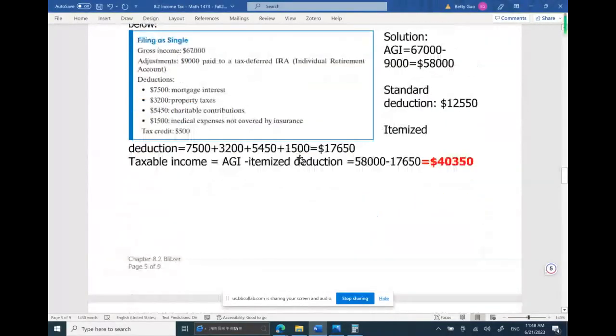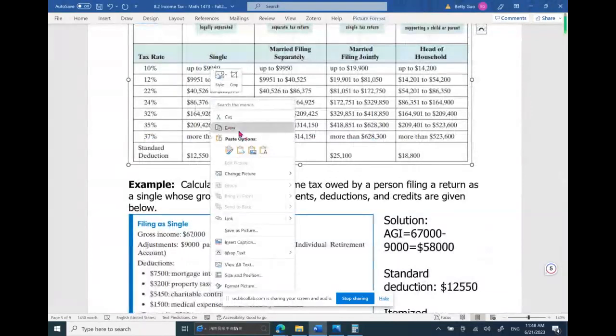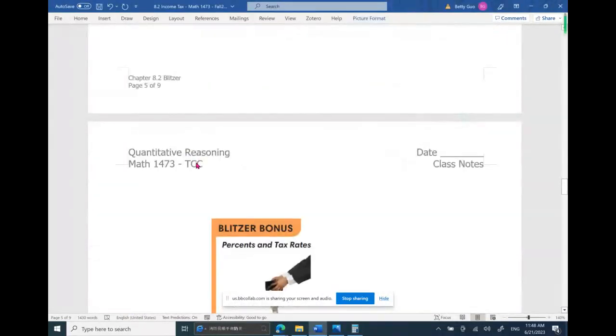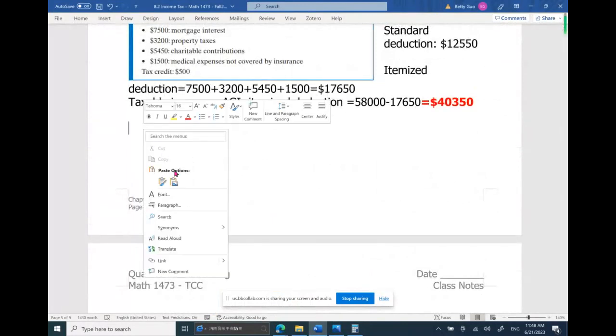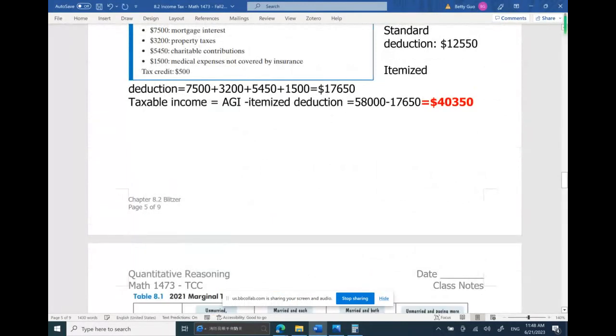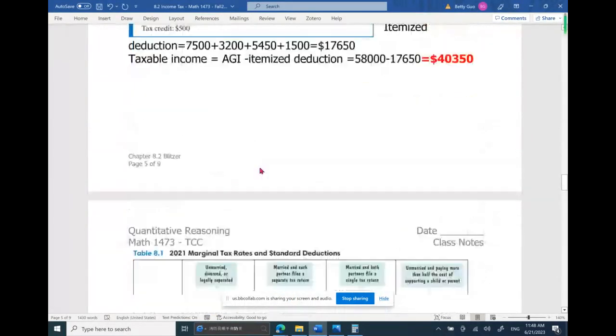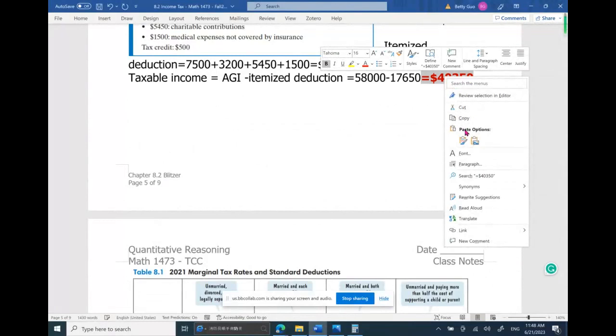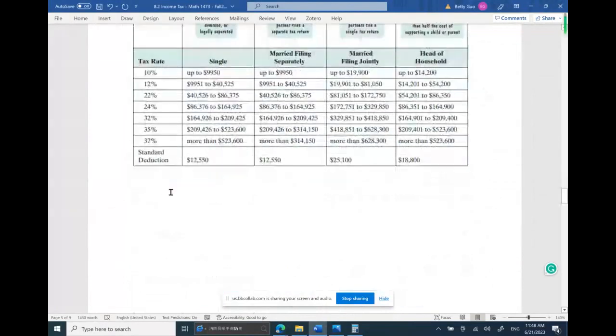And let me copy this table one more time, somewhere convenient. How about here? Taxable income. We just found that amount.